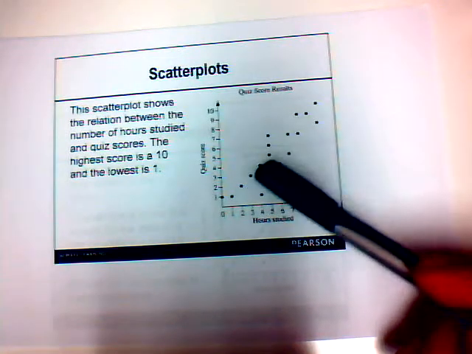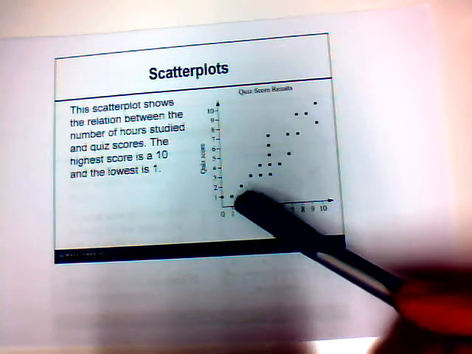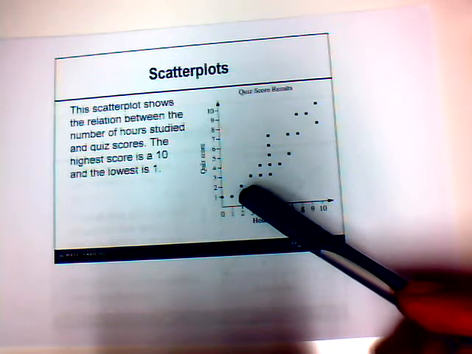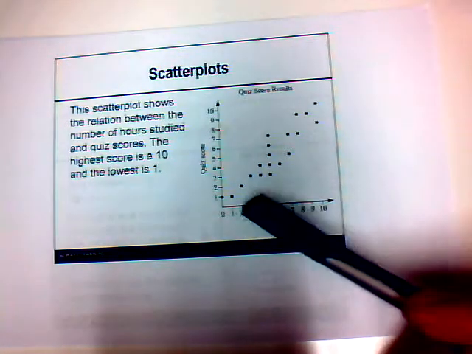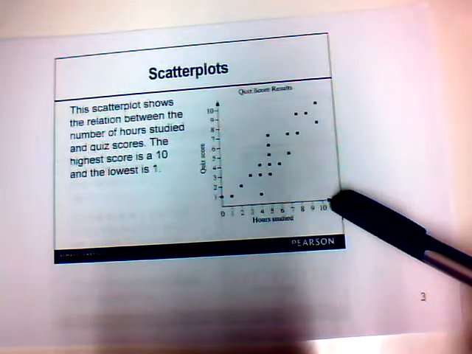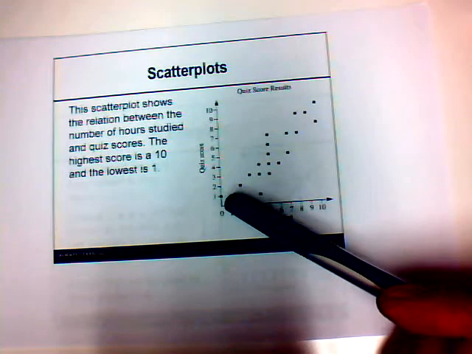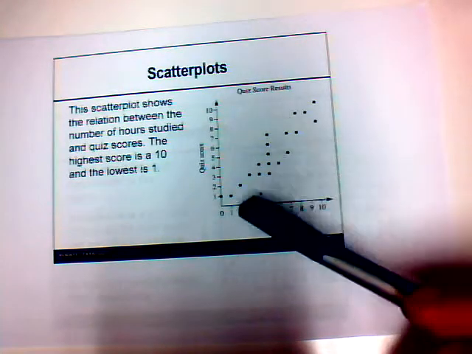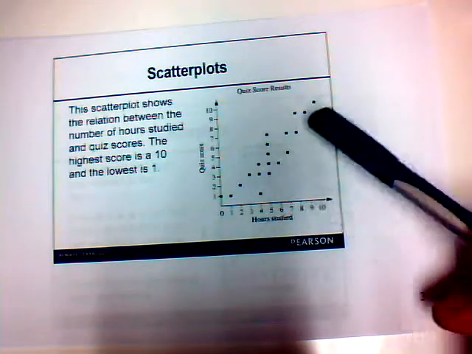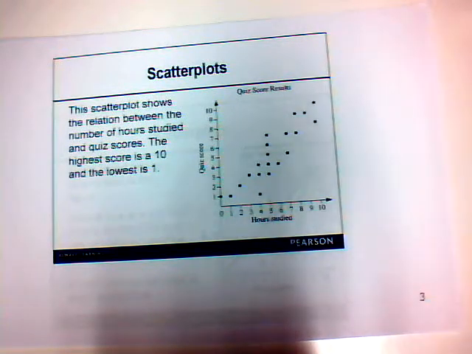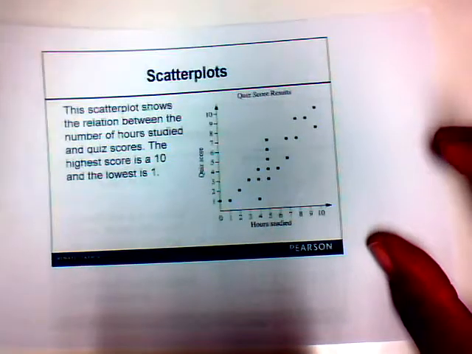A scatter plot usually has data points scattered all over the place. Here the horizontal axis is the number of hours studied, and the quiz score is the vertical axis. We plot those points, and you'll see that they are scattered, which is why it's called a scatter plot.